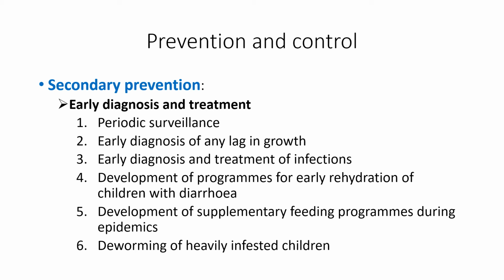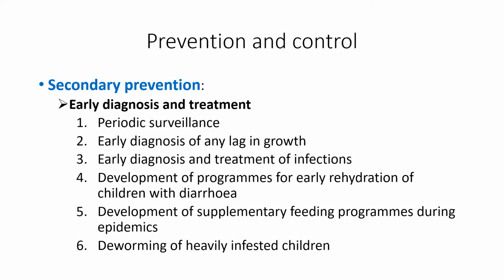So the mothers are taught how to prepare ORS if they don't have access to ORS packets at home, that is by using salt and sugar and drinking water. Also, they are taught about when it should be used, what is the dosing, and also ORS packets are provided at all the public health centers, which can be used to prevent deaths due to diarrhea.